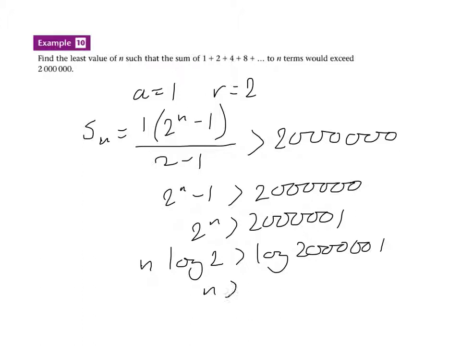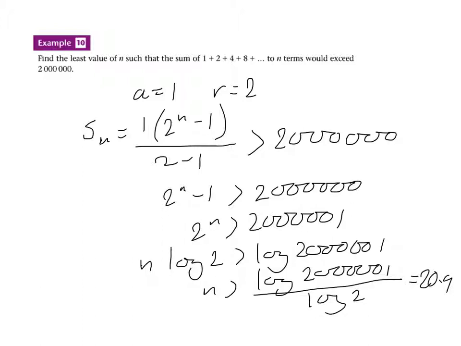So n is greater than log 2 million and 1 over log 2, which if we calculate gives us a value of 20.9310. So this is 20.9. Therefore n, if it has to be greater than that, n must be 21. That's the first value where it exceeds 2 million.